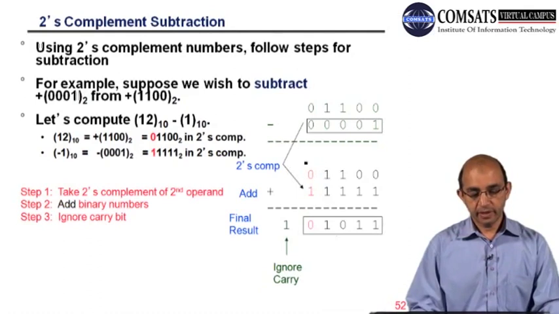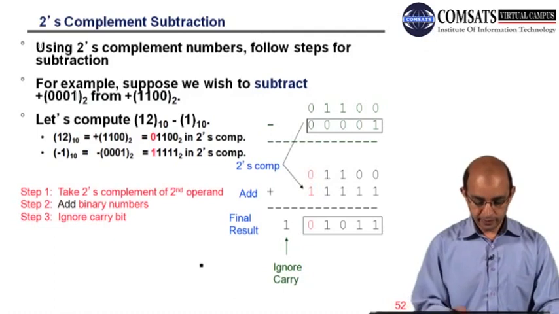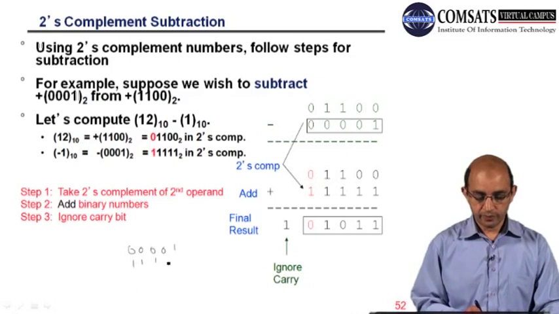Now we have the sign bit, so we complement this number and then add it. We have to take the 2's complement of this, so I will solve it over here: 4 zeros, 1, so 1 1 1 1, plus 1.